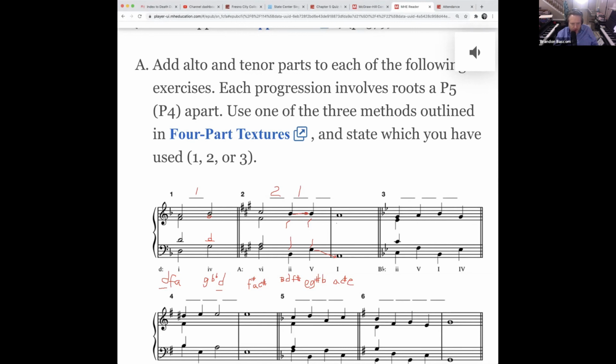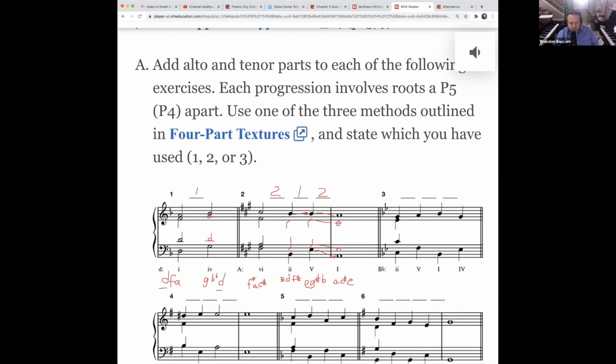If we want this to go to C sharp, what does that mean? This would need to go down to E. Does that work? What way did we just do? Similar motion. They all moved similar motion. No more than a skip. Way two. Way two. Good. That works.